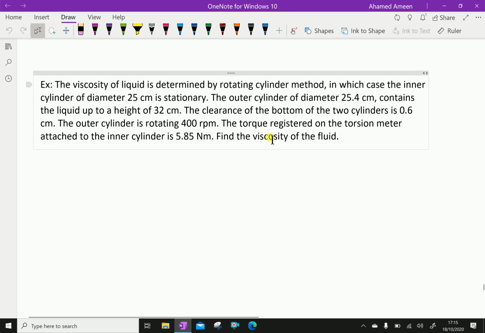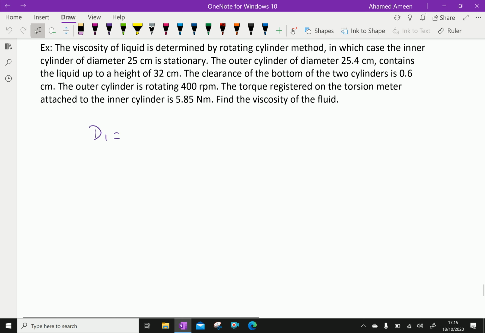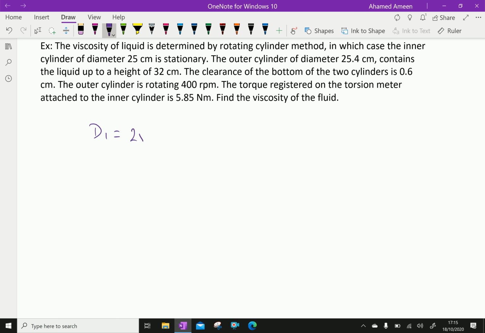Here we'll write the given things first. The inner cylinder diameter D1 equals 25 centimeter, which is 0.25 meter.